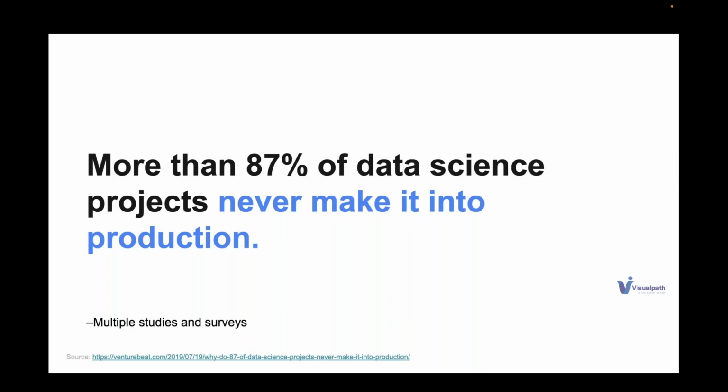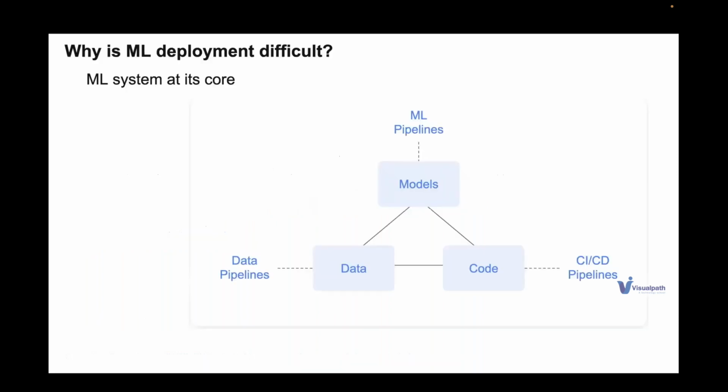This is a study that we have seen from 2019 onwards, and we know that ML deployment is difficult at its core because we are not only talking about data or code or models, but all three. So it's a normal DevOps kind of setup, or maybe web development or any other development kind of thing in an app.